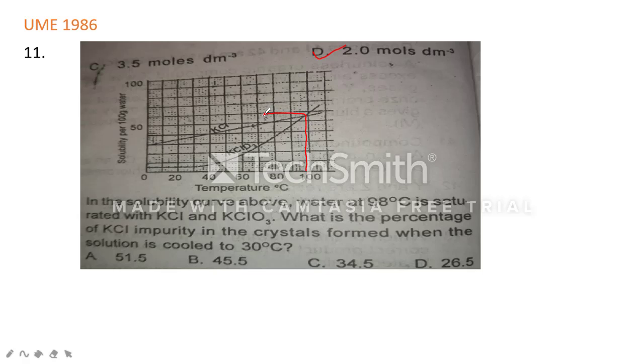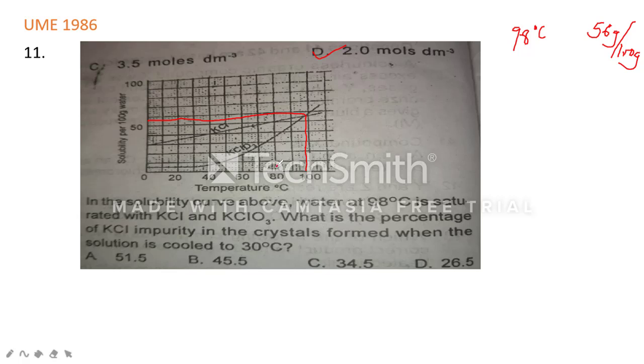If you trace it all the way down there, I think that should fall around 56, or 57, I'm not sure. So at 98 degrees Celsius, the solubility is 56 grams per 100 grams of water.